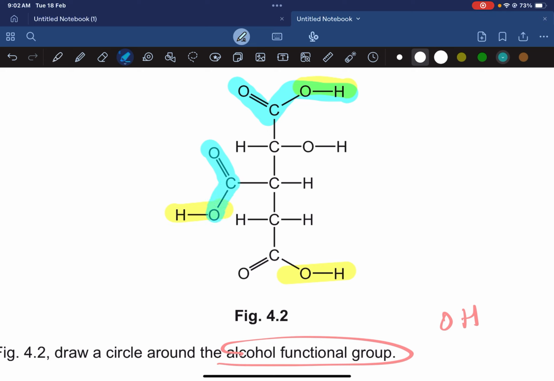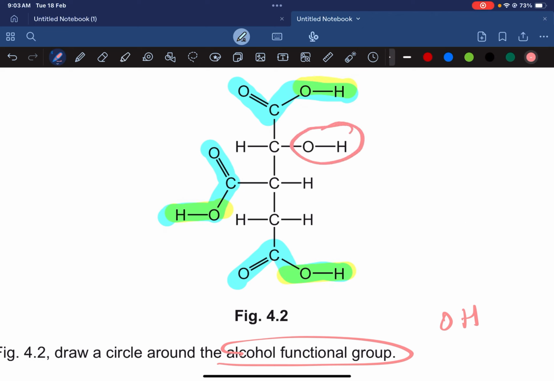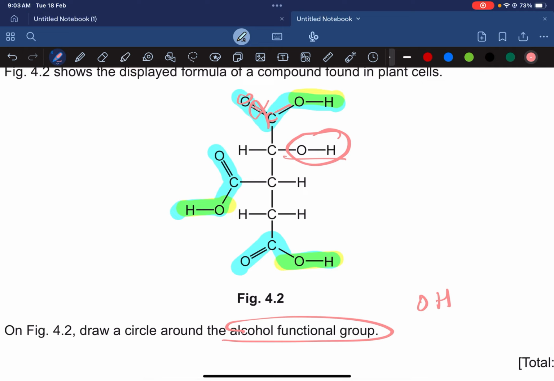So if you draw a circle here, here, or here, it's going to be incorrect. Only the alcohol functional group here is this OH, because it's alone. When OH has a carbon and double bonded oxygen, that's not an alcohol functional group but a carboxylic functional group.